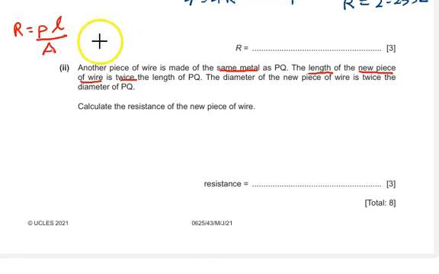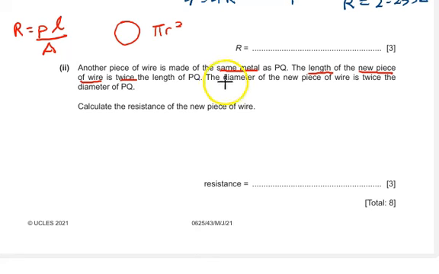The surface area of a wire is given by the area of a circle, so it is pi r square. If you want to derive this, look here.